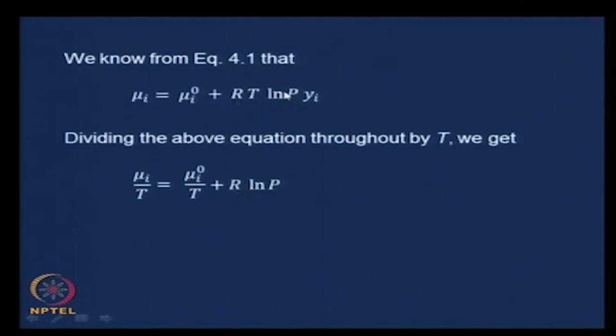So you have RT ln P plus RT ln yi, and RT ln P by T gives you R ln P plus similarly R ln yi. This is equation 6.31.